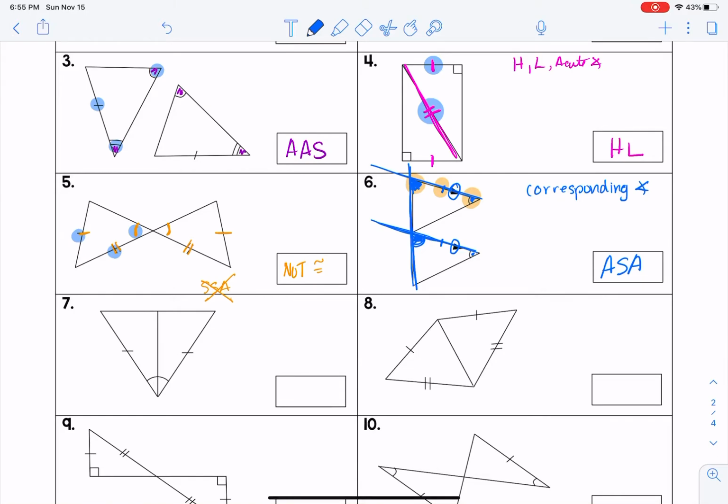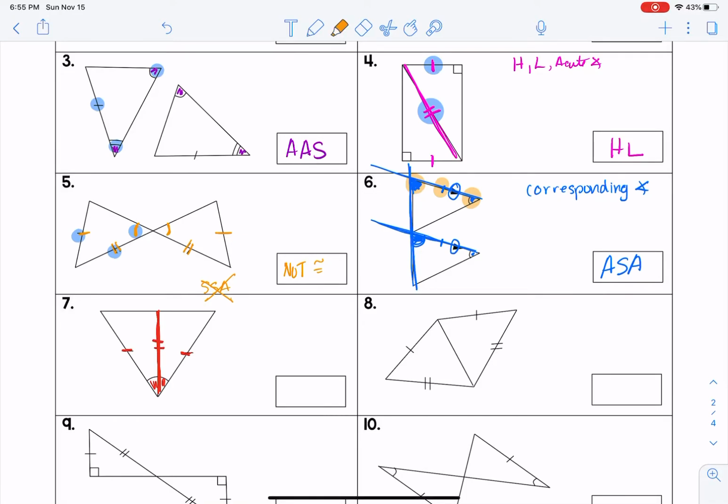So then we look at number 7. And number 7, I have one pair of sides and an angle. And I know that this side is congruent because of the reflexive property, because it's a shared side or the same side.